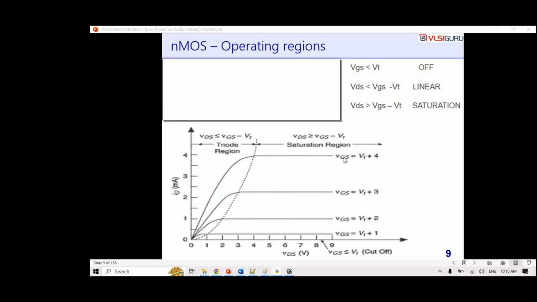So for us as digital design engineers, the important points will be two things. One is the cutoff region, and we'll be more interested in the saturation region. At what point does it get saturated? So this defines the three regions of the NMOS. Okay, so is it clear to everyone?